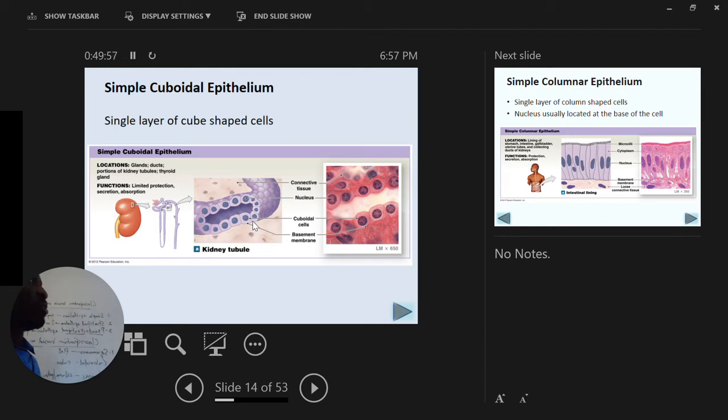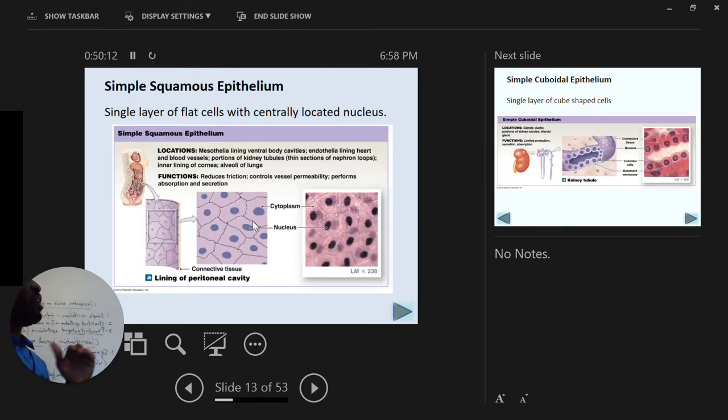Now let's look at their function. Cuboidal means that it does protection. Now anytime you see squamous cells, there's a key thing: it is doing secretion. Now look at squamous cells. You can see they are part of the lungs, cornea, blood vessels, kidney tubules, the endothelial lining of the heart.